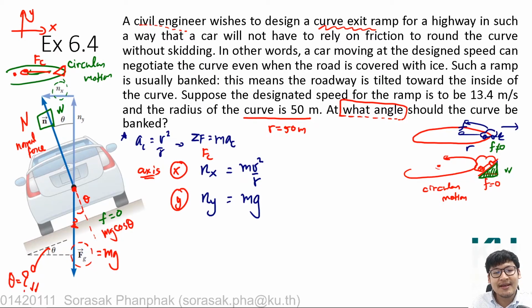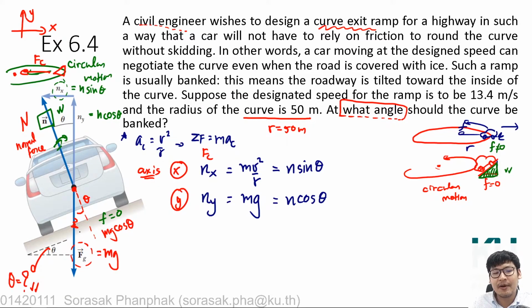With this definition, if you break the component of n with theta, your n_y is n cos theta, and your n_x is n sin theta. So I get n_x here as n sin theta, and n_y here as n cos theta.